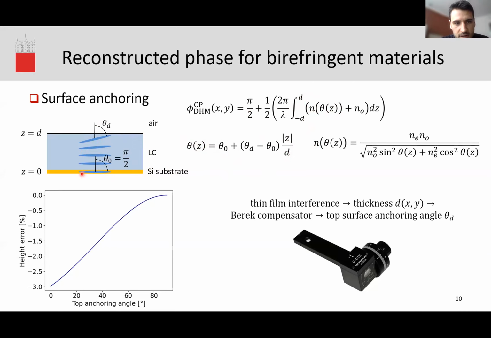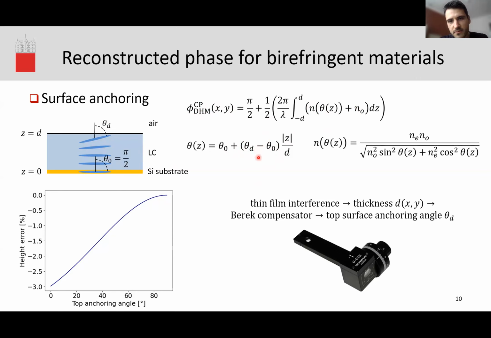So it goes from 90 degrees, so pi over 2, to some arbitrary angle that can be either completely homeotropic, which would be 0, or to some specific angle. And so the quantitative phase now depends not only on the refractive indices, but also on this surface anchoring angle that we, in principle, don't know.